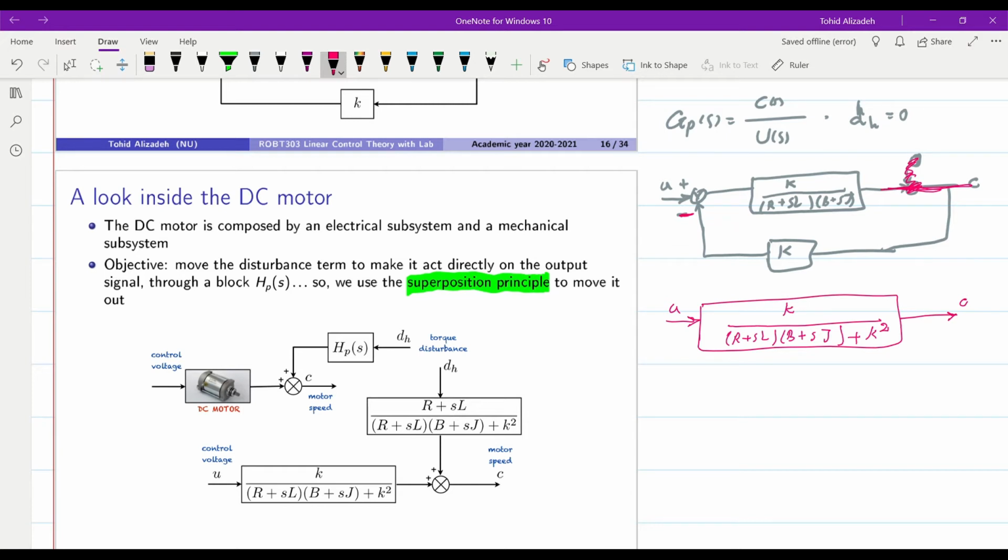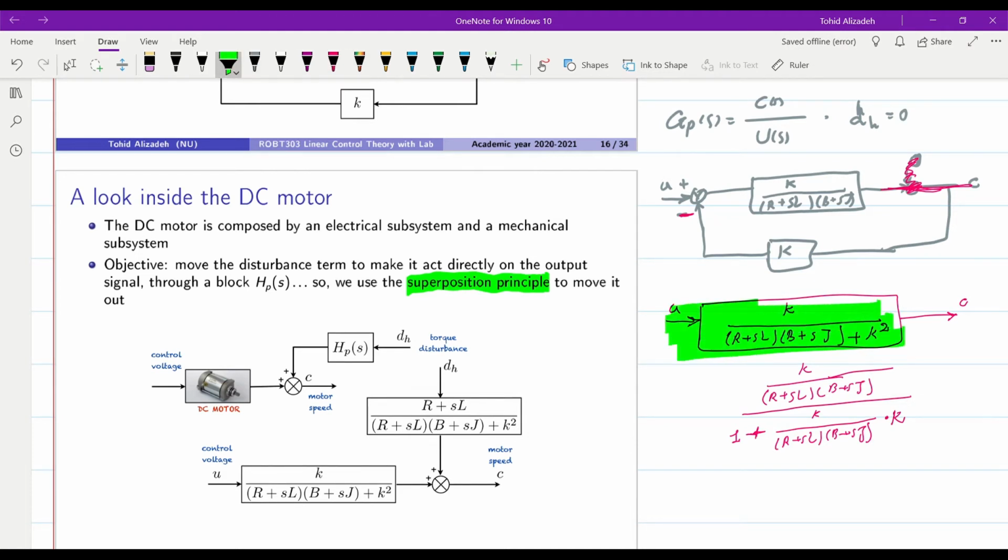Indeed, if you want to obtain this, you need to do like this: K over (R plus SL)(B plus SJ) over 1 plus the transfer function that we had there, (R plus SL)(B plus SJ), times the transfer function in the feedback path, which is K. If you simplify it, you will end up with the same transfer function that we have here.